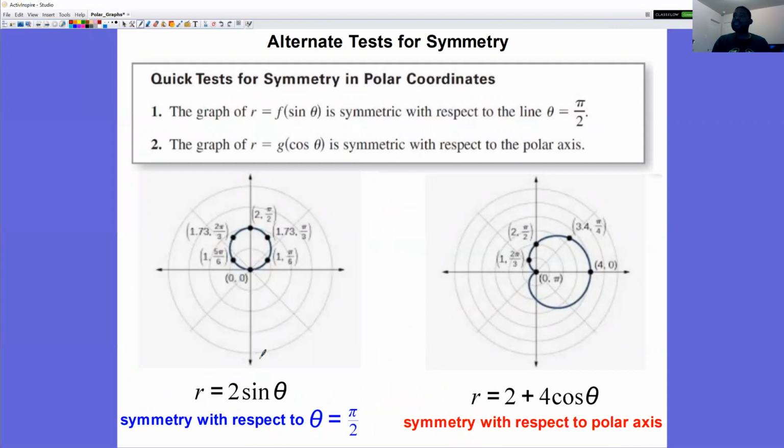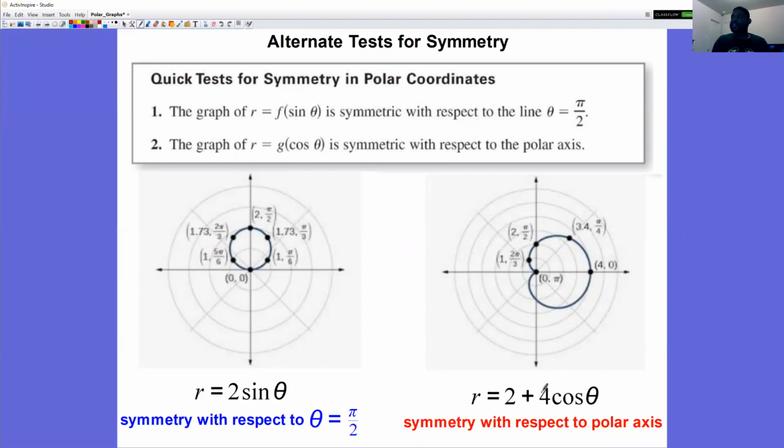So depending on the type of trig function we're using is going to depend on what type of symmetry we have. So if your equation just has sine in it by itself, then you know its symmetry is with respect to theta equals pi over 2, as you can see here.